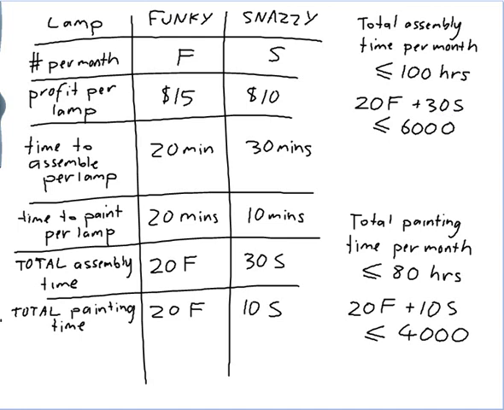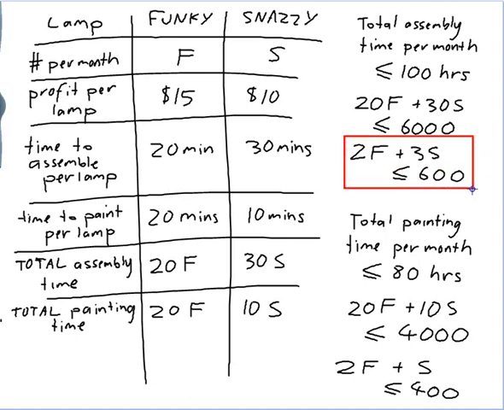So this is the same as 2F plus 3S is less than or equal to 600. And this one down here is the same as 2F plus S is less than or equal to 400. So, these are my constraints.